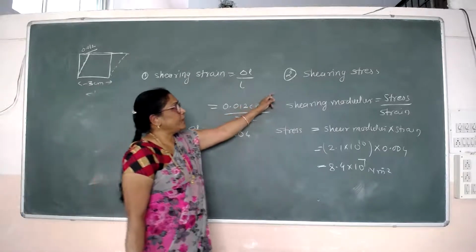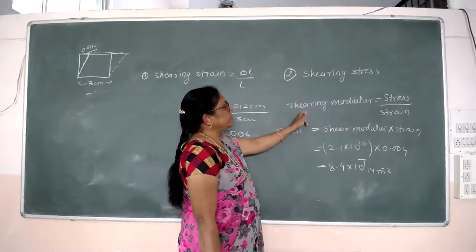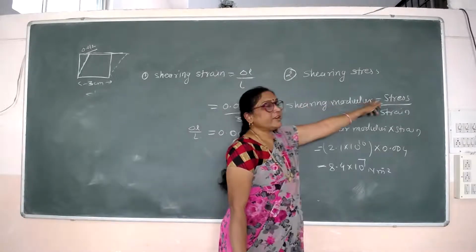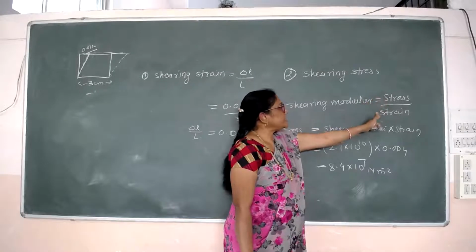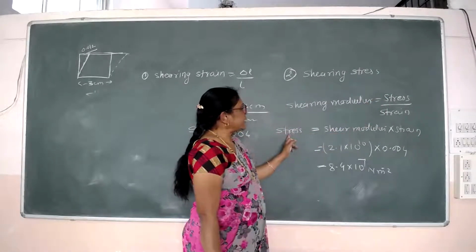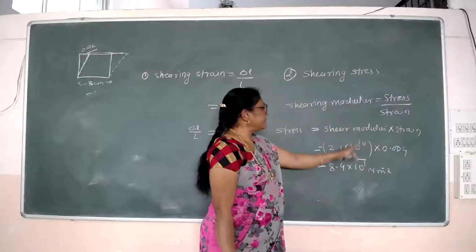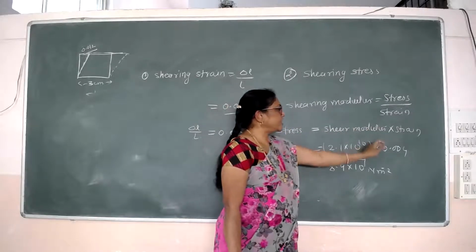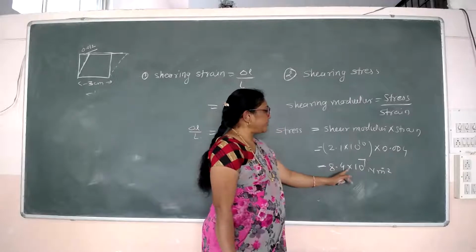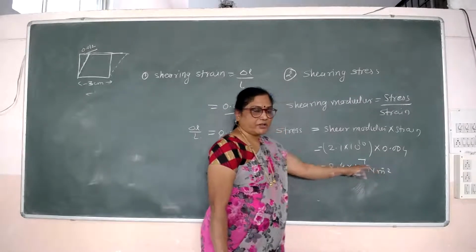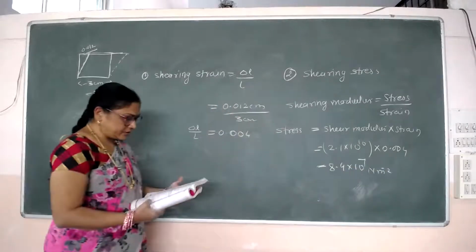Therefore, the next formula to find the stress uses the modulus of elasticity. Shearing modulus is equal to stress by strain. Cross multiply: stress is shearing modulus into strain. We got the answer 8.4 into 10 to the power of 7 Newton per meter square. Then next, the third part.